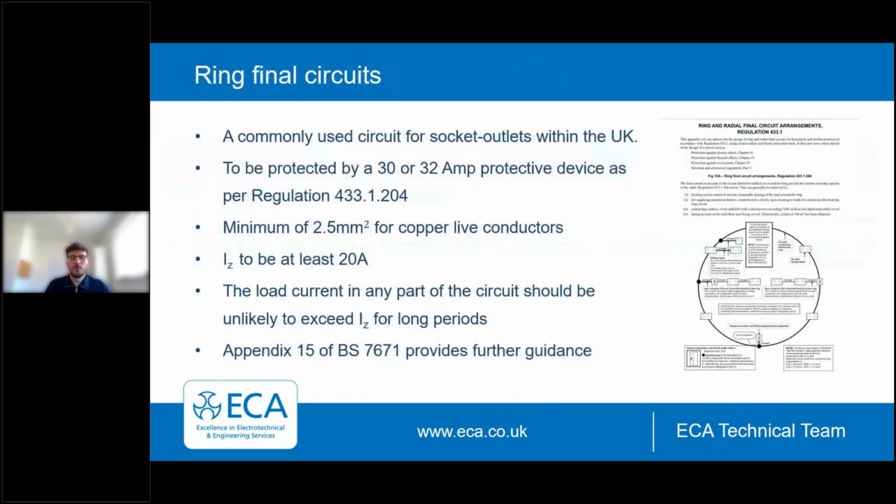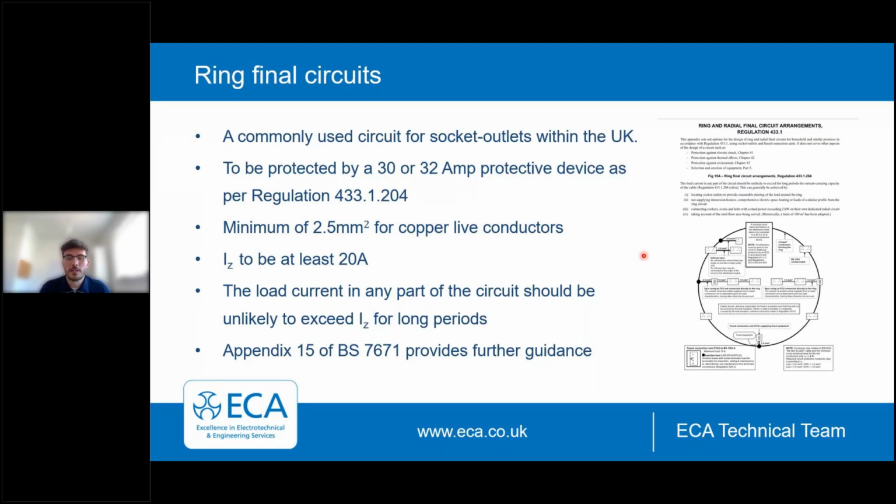Okay, so switching focus now to ring final circuits, and this again is something covered within 433.1.204 in particular. Now, as we know, ring final circuits for many years have been a commonly used circuit for socket outlets within the UK.